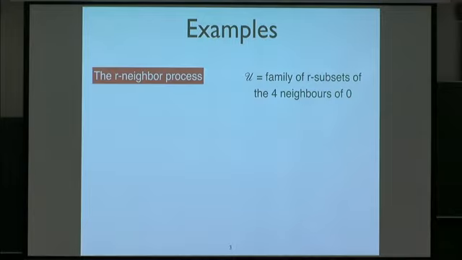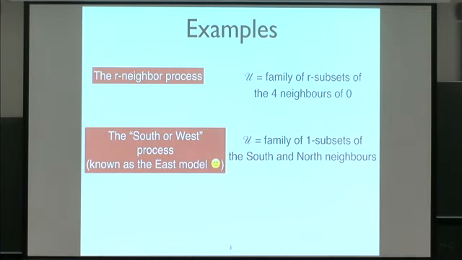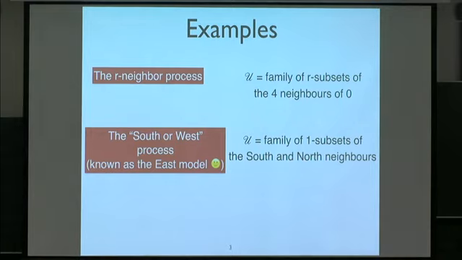Okay, so here are some examples of the most common processes. First, the r-neighbor process: in order to be infected, at least r of your 4 neighbors must be infected. Then there is the south-or-west process, which in the physics literature is known as the East model for historical reasons.